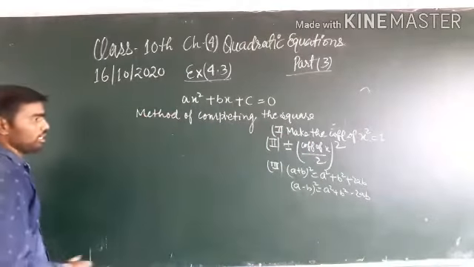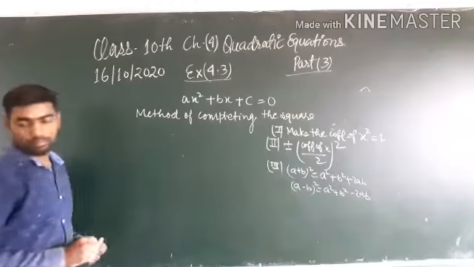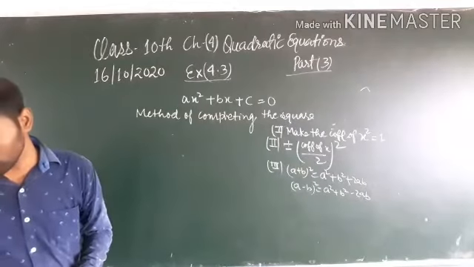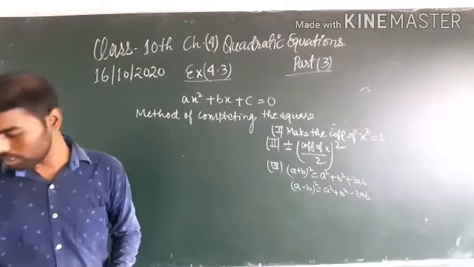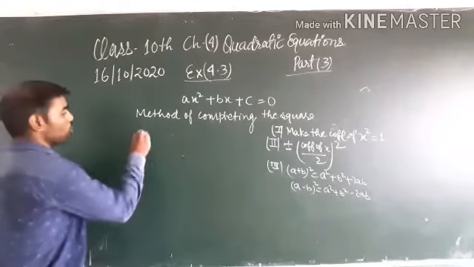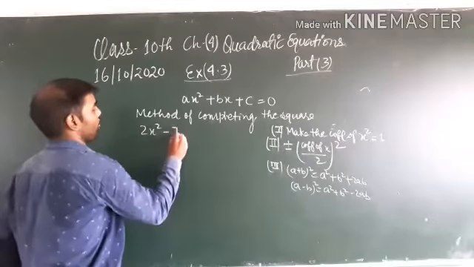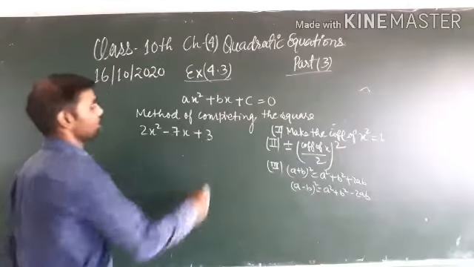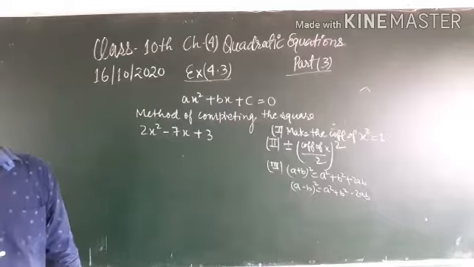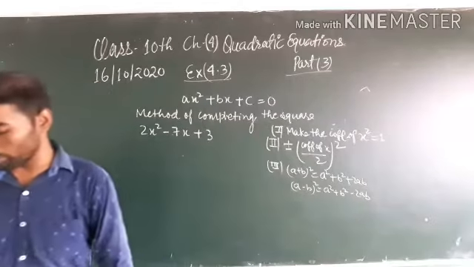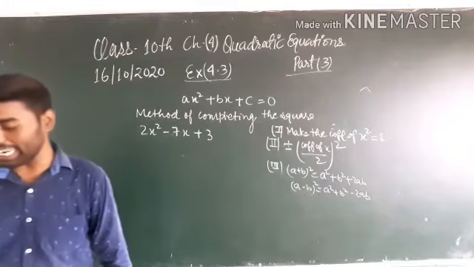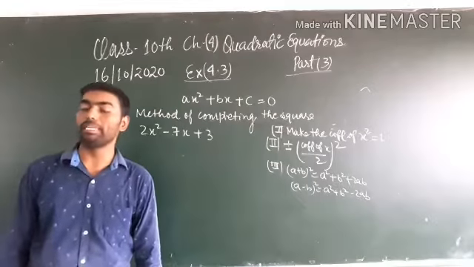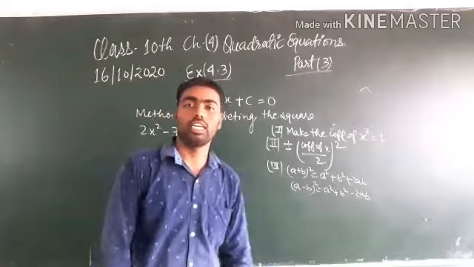So take an example. 2x square minus 7x plus 3. This is the first question of exercise 4.3. Find the roots of the following quadratic equation, if they exist, by the method of completing the square.